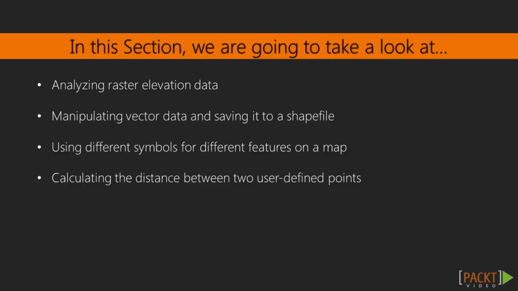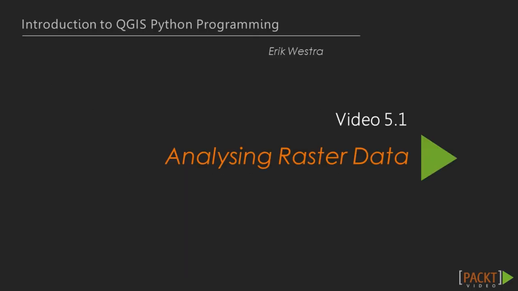We'll see how to work with raster format elevation data, learn how to manipulate and save vector format data, discover how to use different symbols for different features within a map, and calculate the distance in meters between two user-defined points.